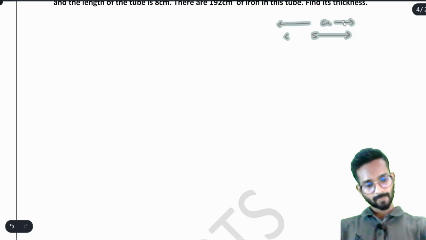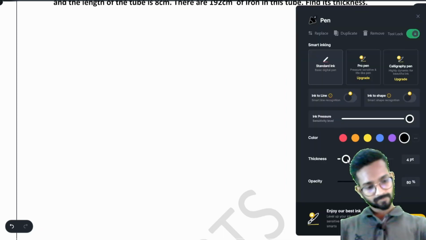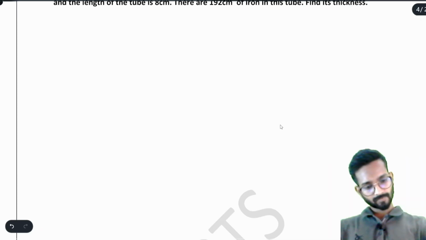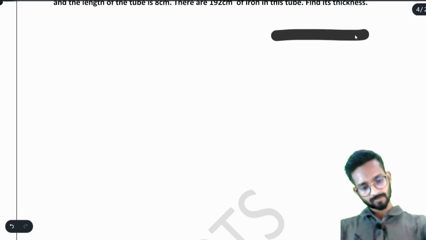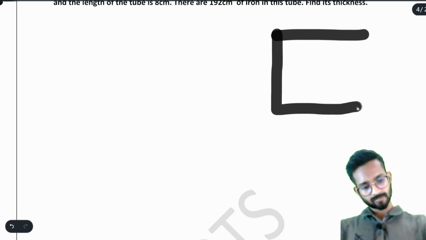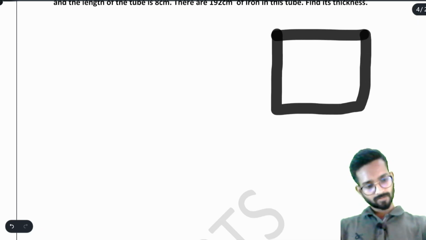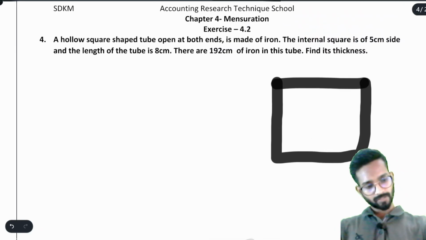Check. See very, very carefully. The internal square is 5 centimeter. So this is 5 centimeter. And the length of the tube is 8 centimeter.